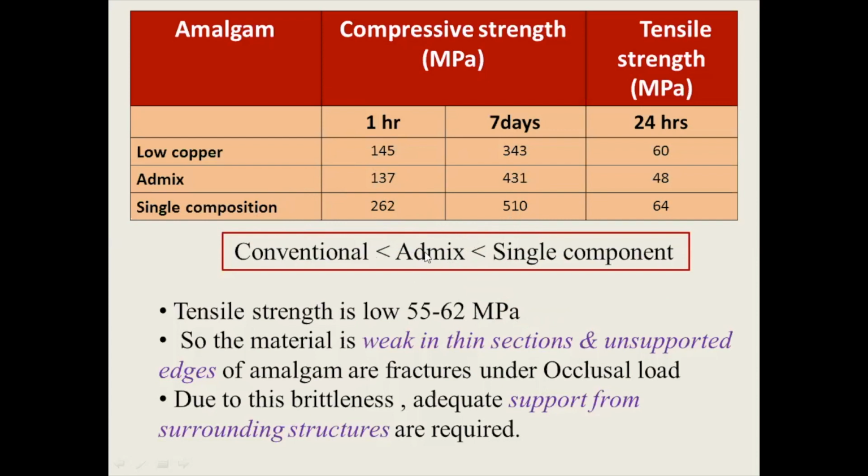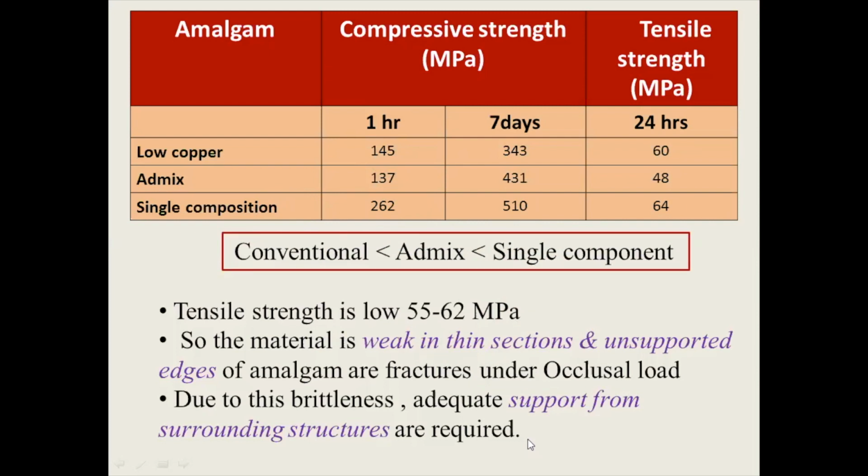After that there is admix, and after that there is conventional. And the tensile strength is approximately between 55 to 62. So the material is weak in thin sections, and unsupported edges of the amalgam fracture under the occlusal load. Due to this brittleness, adequate support from the surrounding structures is required.